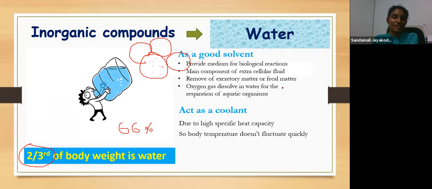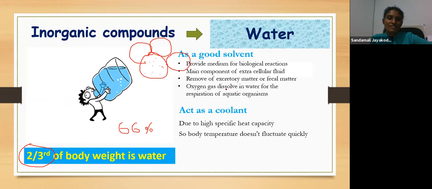To remove urine or fecal matter, we need much water. Otherwise, we will get urinary tract diseases or digestion diseases. So it's a good solvent and makes the removal of excretory and fecal matter easy.